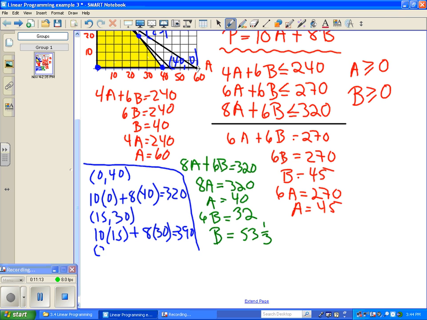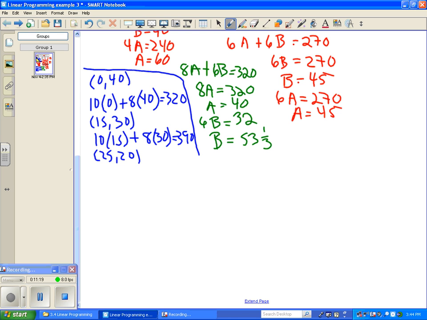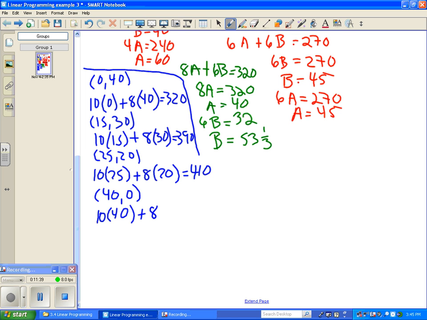For (25, 20), we have 10 times 25 plus 8 times 20, which equals 410. And the last point is (40, 0): 10 times 40 plus 8 times 0 equals 400.